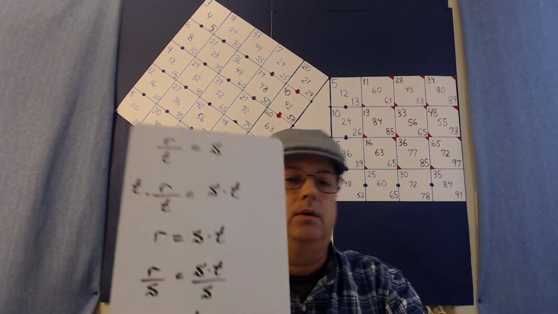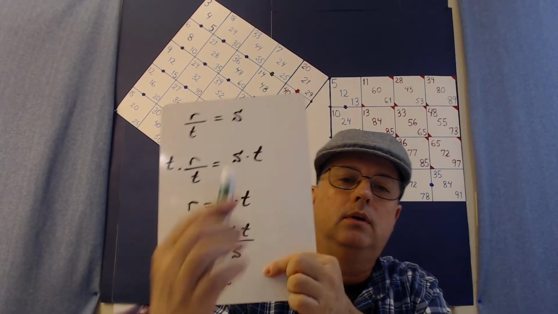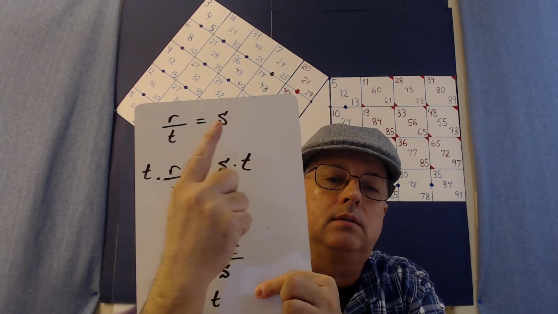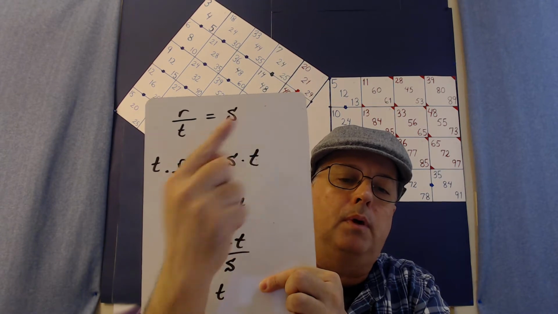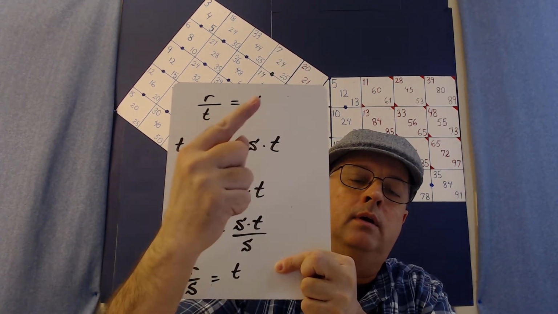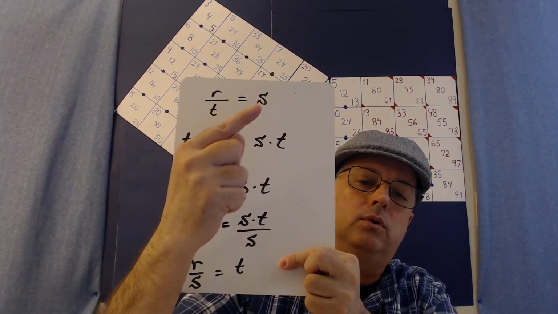Okay, so this is a nice little truth about fractions, that if you have r over t equals s, this s can jump down here and the t can jump up there. That's what this is saying here. You can take this denominator and this answer here, or result, and switch them.